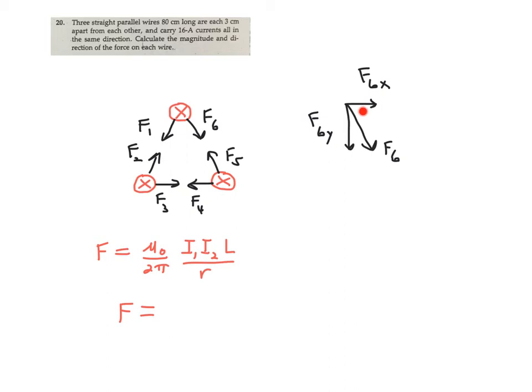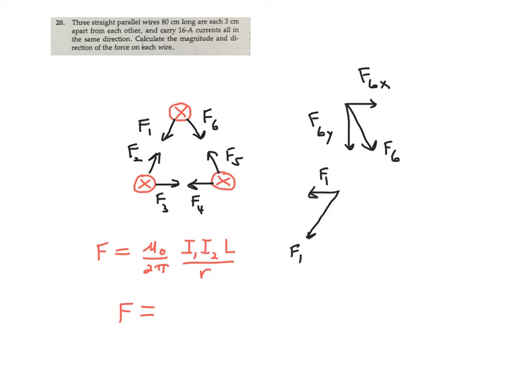Those are the same vector, slightly different directions, but same angles. For example, this angle right here is 60 degrees. You can get that from the geometry of the diagram, or this angle right here is 30 degrees. Anyways, you know what F6 is, and you know these two angles right here. So using components, using sines and cosines, you could figure out the x component, which you really don't need to figure out because what's going to happen is the vector F1, which will be in this direction, will have components F1x in that direction.